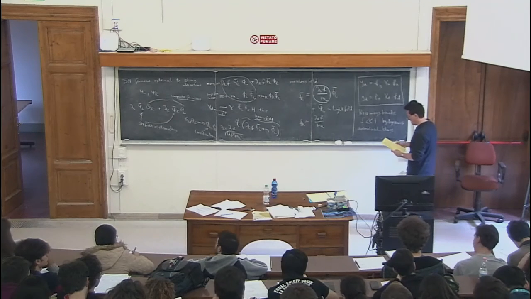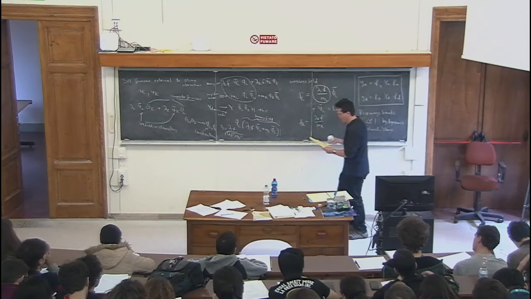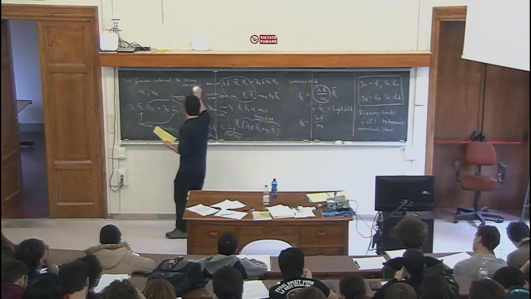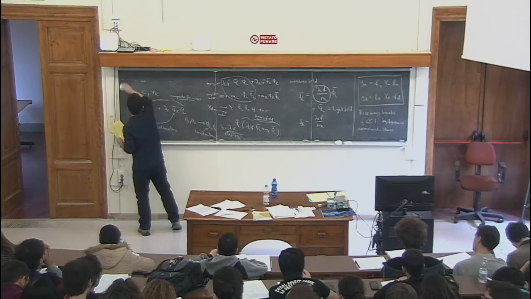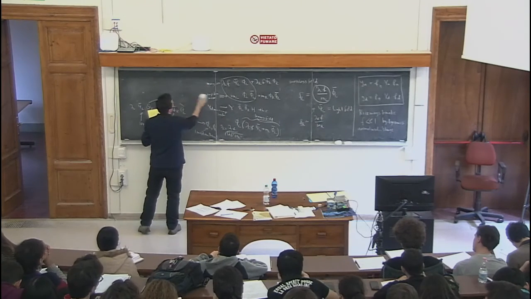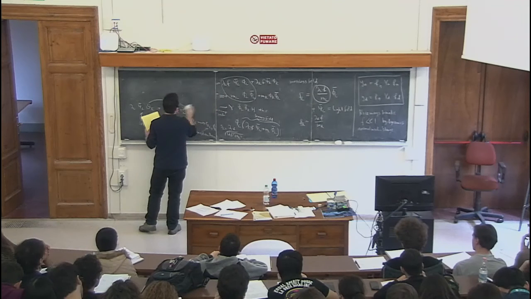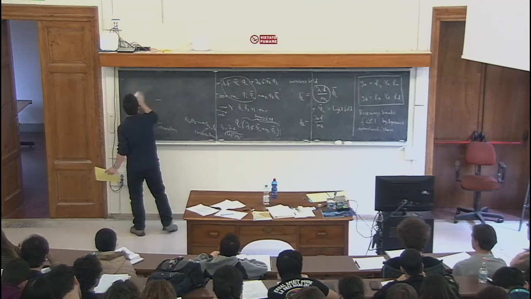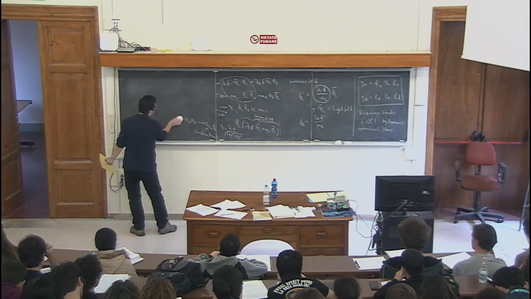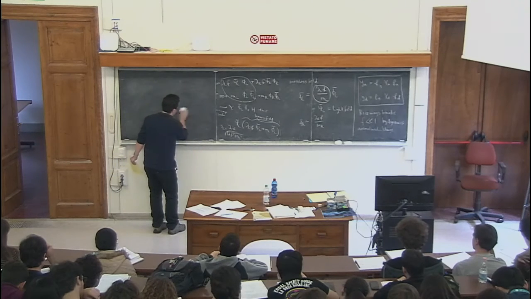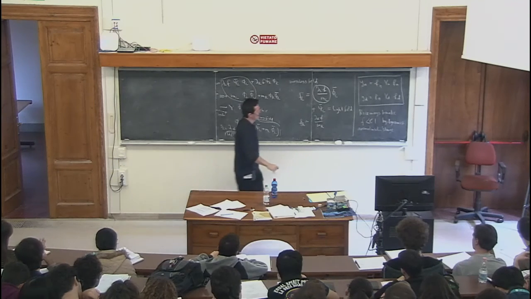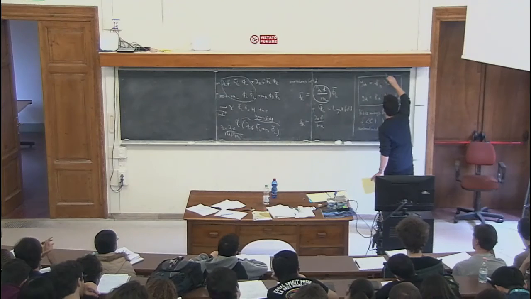So let me just say a few more things about this, and if you do that, then you get what is called the anarchic theory of flavor. By anarchic, what people mean is that these fundamental Yukawa couplings could all be order 1.